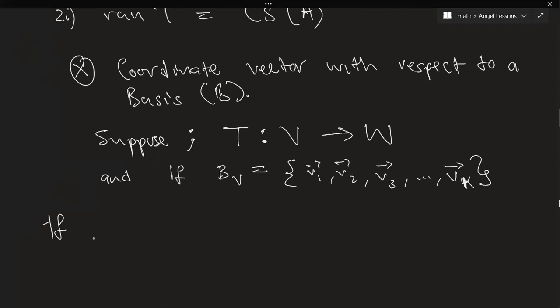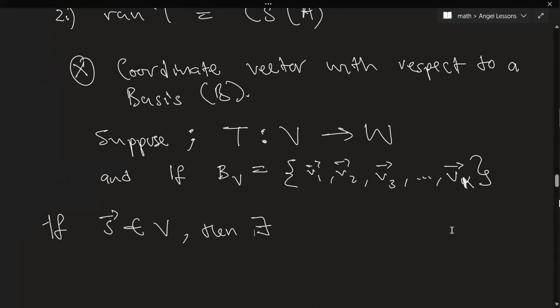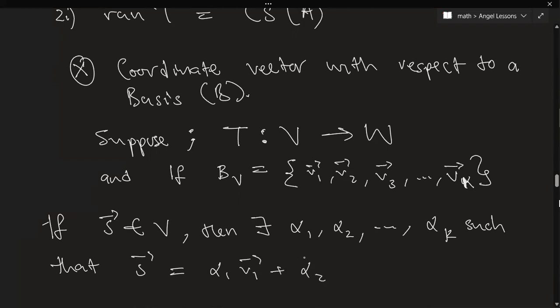So if S is an element of V, then there exist alpha 1, alpha 2, up to alpha K, such that S can be written as alpha 1 V1 plus alpha 2 V2 plus, up to, alpha K VK.